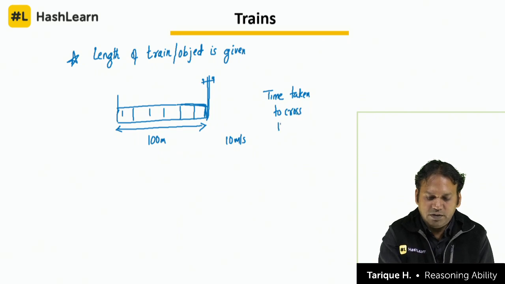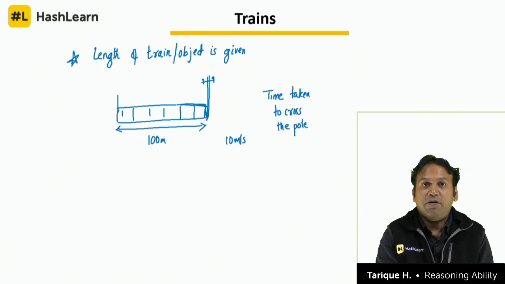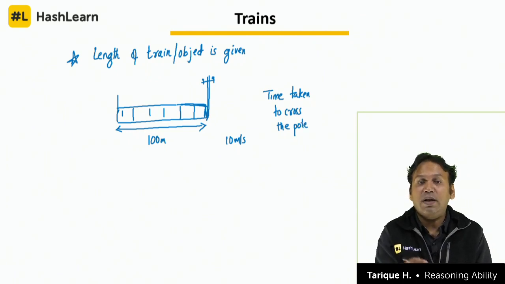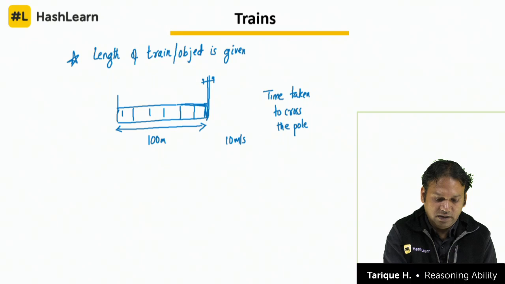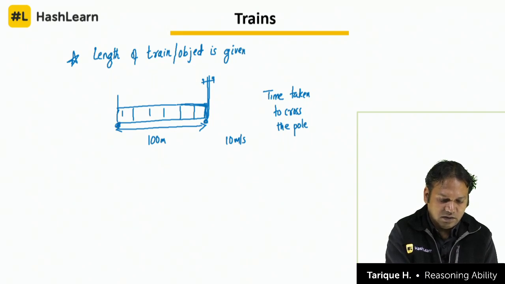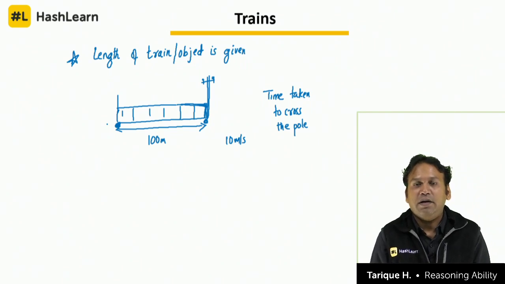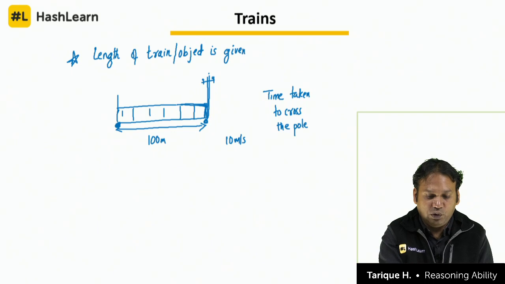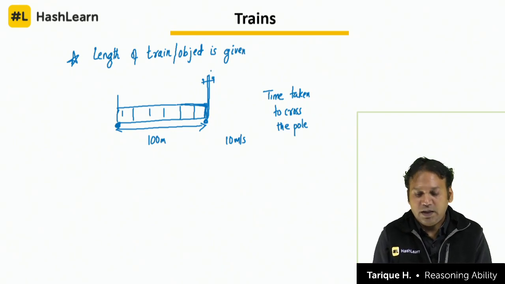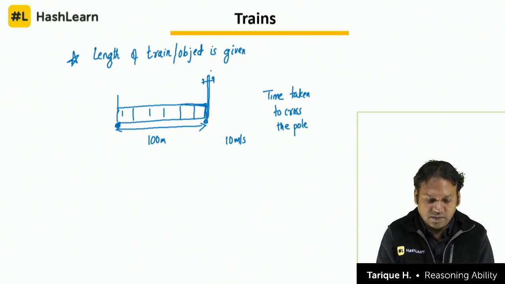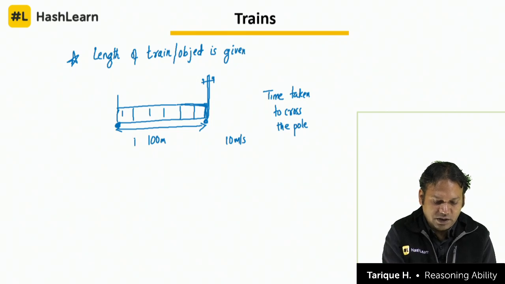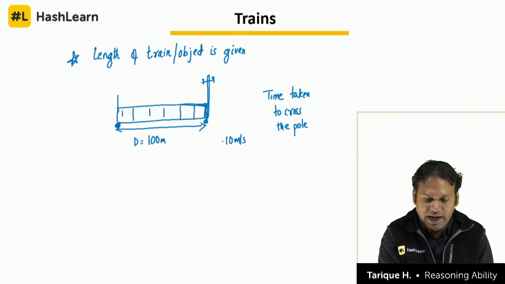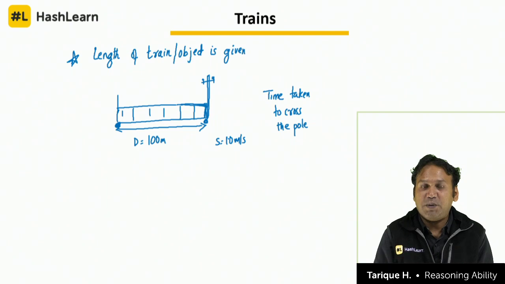Now, you see, to cross the pole, the train has to cover its own length from the engine to the last guard cabin. So, the train has to cover its own length in order to cross this electric pole. The distance here is 100 meters and the speed is 10 meters per second.